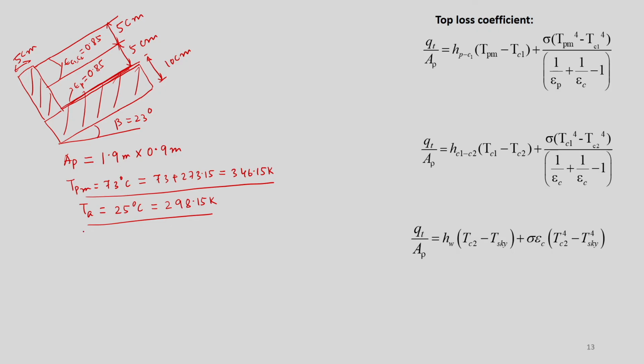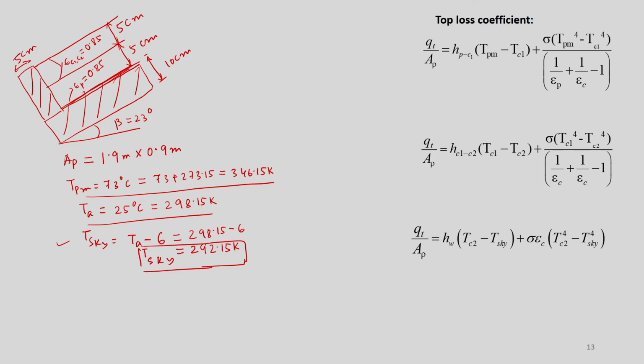And also we know the sky temperature is nothing but TA minus 6. So, this expression we can use for calculation of T sky. So, T ambient is 298.15 minus 6, which will be equal to 292.15 Kelvin, okay. This is T sky. So, this value is also known to us, right.